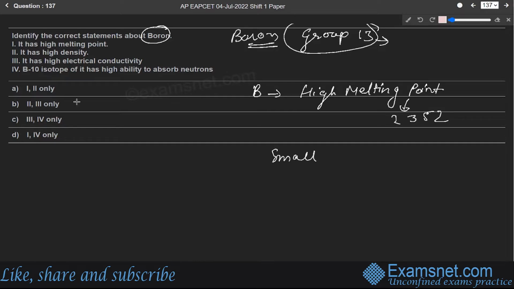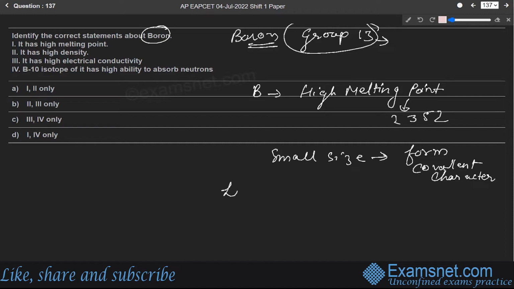Down the group size increases, so boron is small in size. That would form covalent character. I already told you in Fajan's rule, right? So you can see this question is linked from there. So covalent character is there.